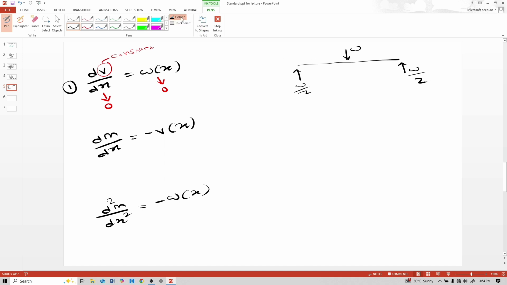See this part, loading is 0. That means shear is constant. So shear force diagram is like this. Constant where there is no loading. See here also. No loading. Here constant line. Here constant line.